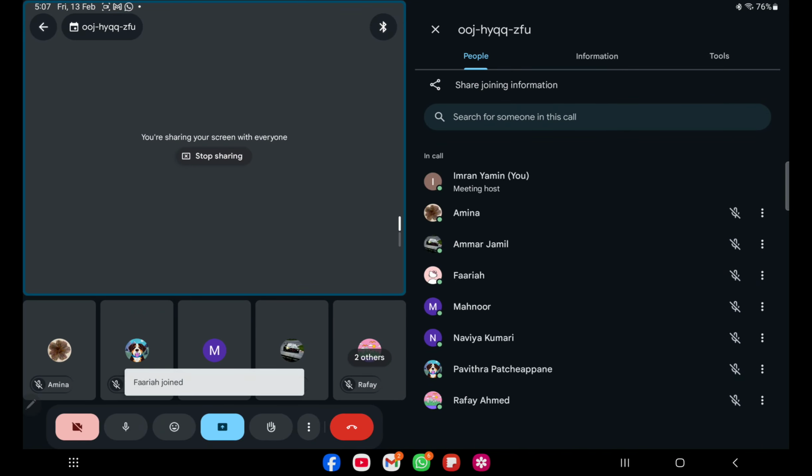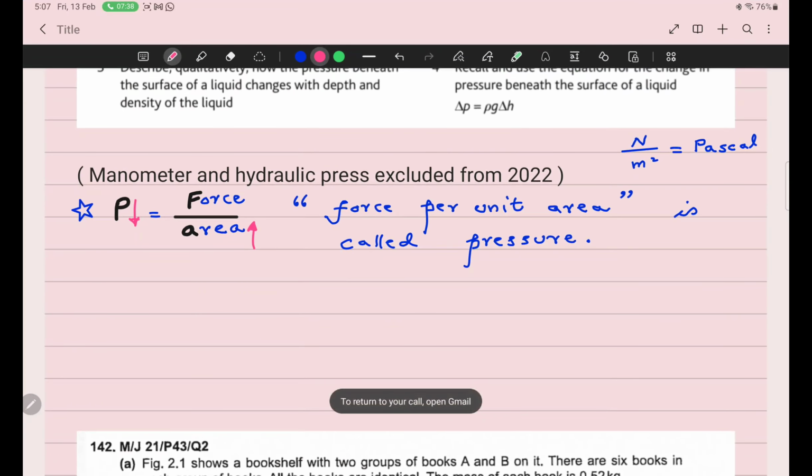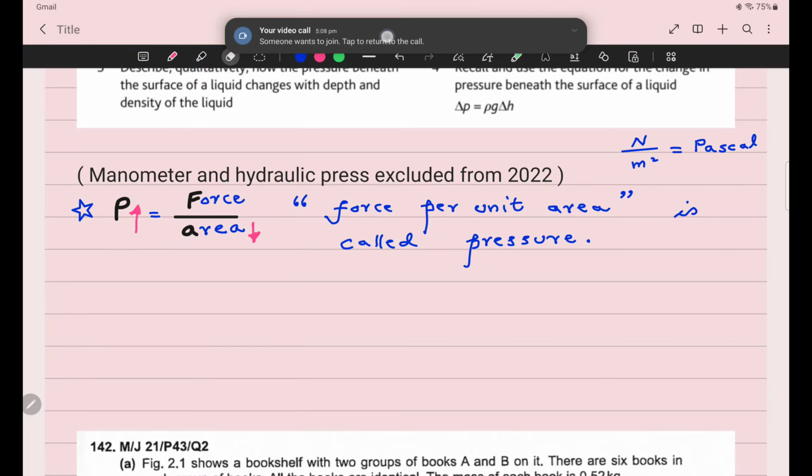Sometimes we are afraid of high pressure, and we cannot change the magnitude of force, but by increasing area, you can decrease pressure. And sometimes we need high pressure, so if you reduce area, it will increase pressure. So pressure depends upon the surface area on which the force is acting.